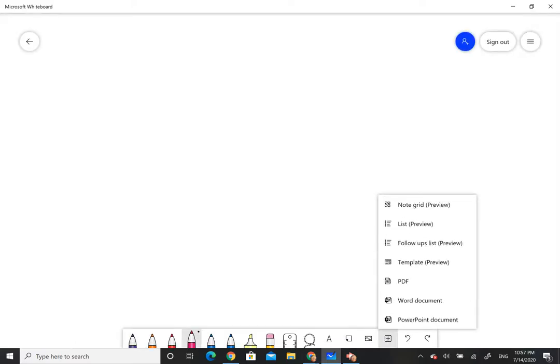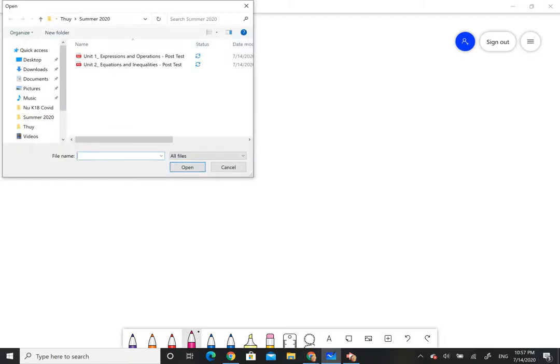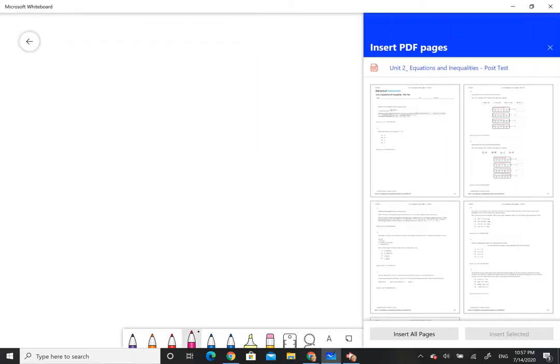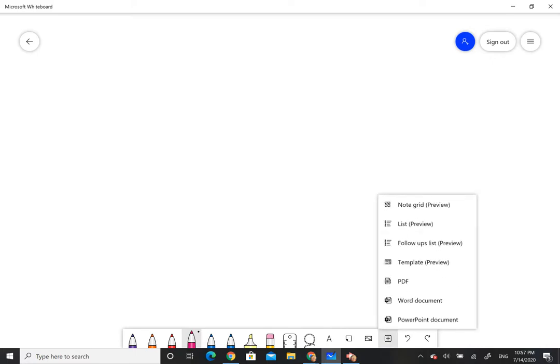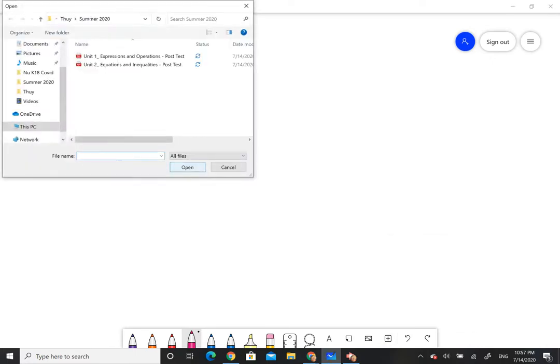Let's go to the PDF that I have. So insert, one, two, three. Insert PDF.